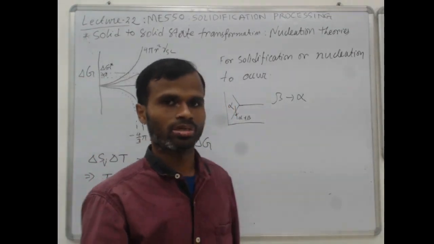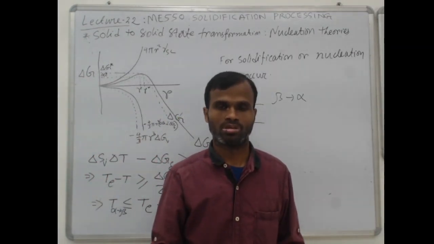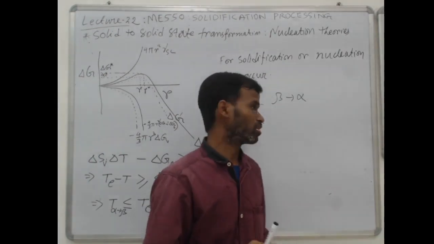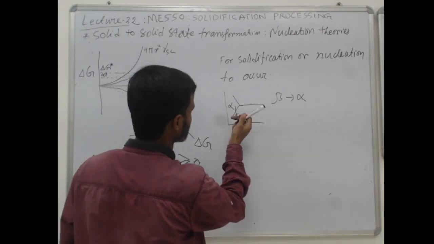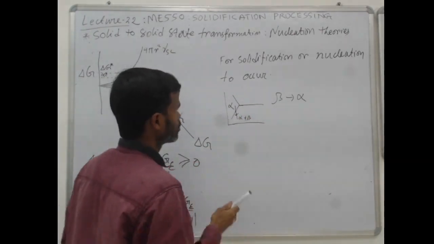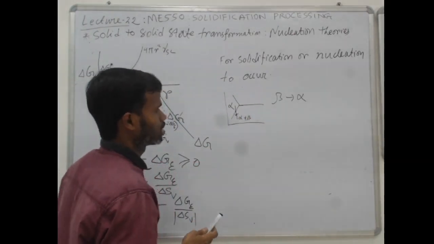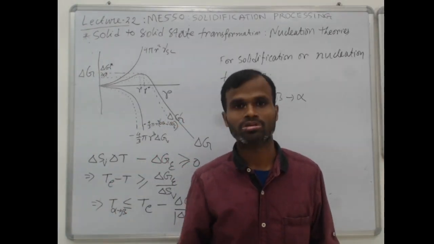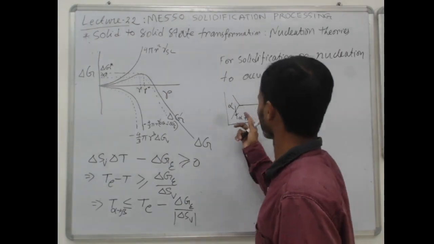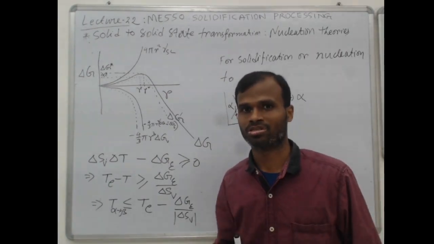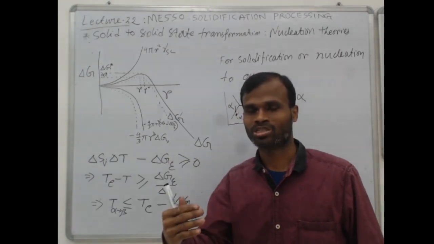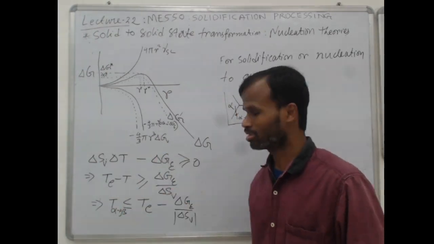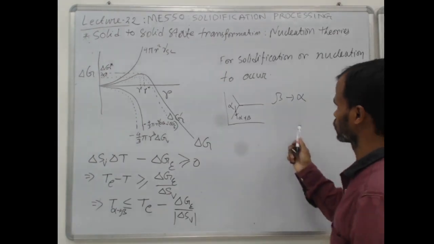So there will be a reverse transformation. But even for the reverse transformation, if you just reach the equilibrium temperature, the nucleation of beta to alpha phase may not start. You need to provide some superheating. Like here we give some undercooling, there you need to give some superheating.